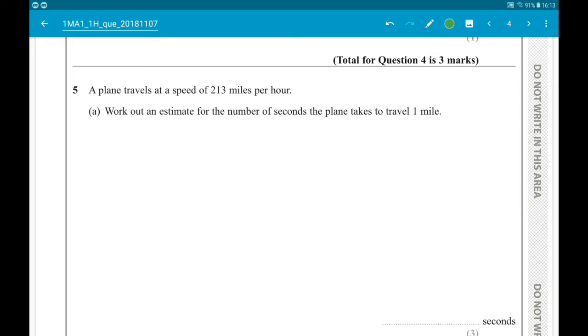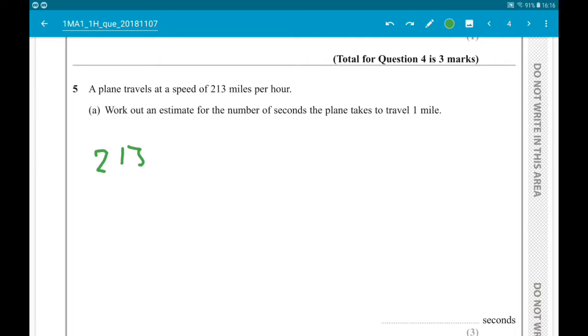So I'm going to round 213 down to 200. To show that, we can use a squiggly equals sign like that. So that means 213 is approximately 200.